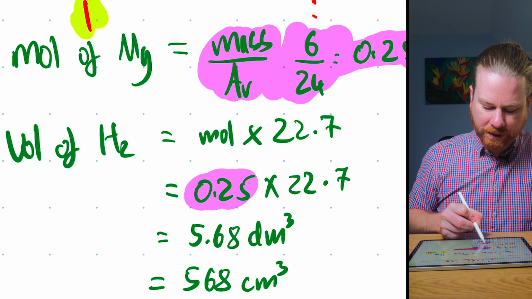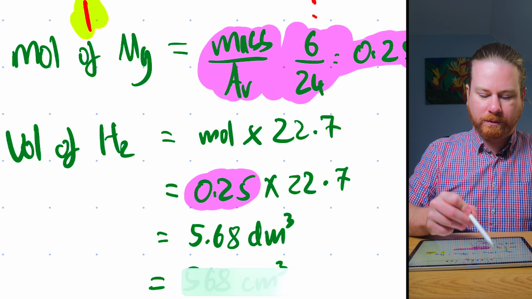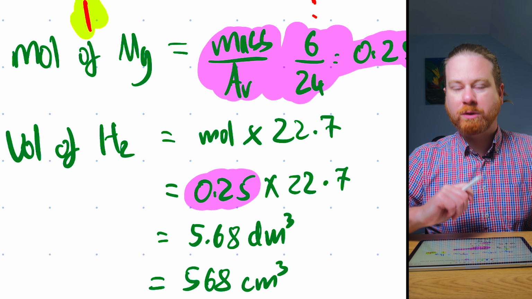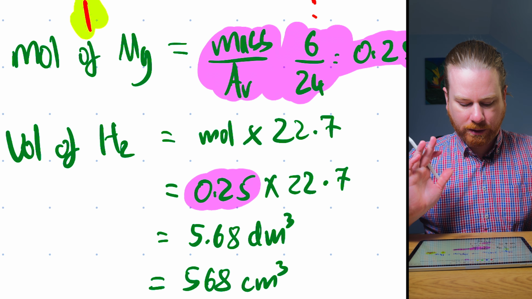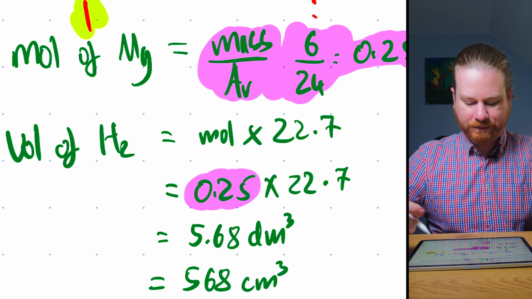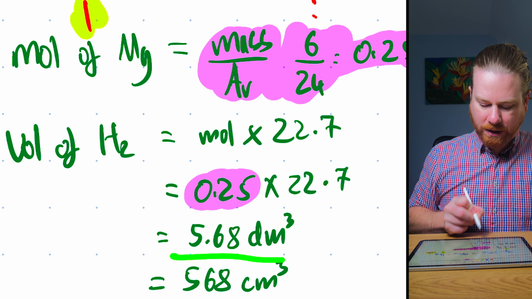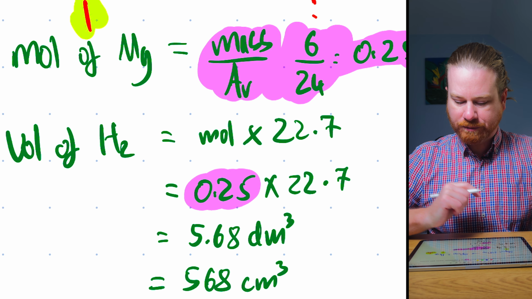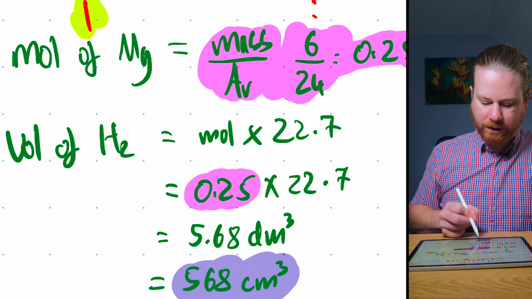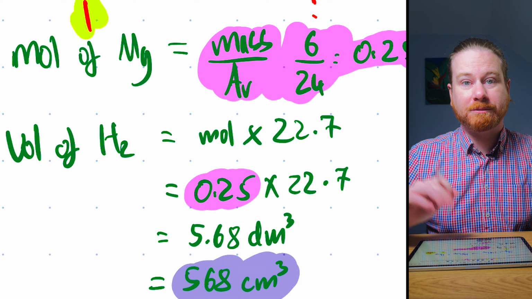So that's why we've got the 0.25 here, and then using the equation from today, the moles is 0.25, and we're multiplying that by 22.7, and that is giving us our answer in decimeters cubed. But just for the fun of it, we can convert that to centimeters cubed by multiplying it by 1,000.